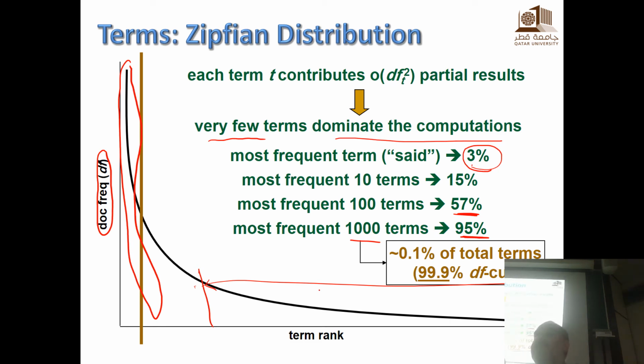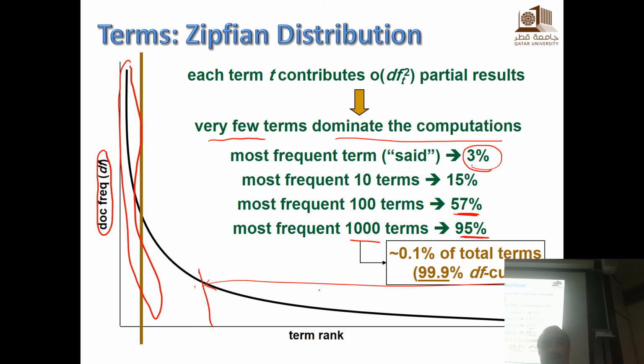Why do we care about these numbers? What do these numbers mean to us? The accuracy. Of what? Now, these are giving us some indication of which terms are actually problematic in our computations, right? Because these terms that appear a lot, the most frequent terms, will contribute the quadratic number of their postings as intermediate records, as intermediate pairs.